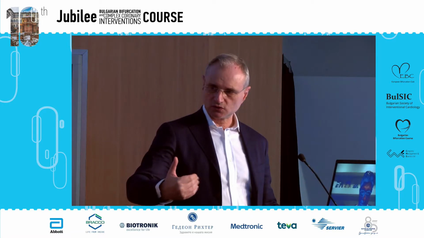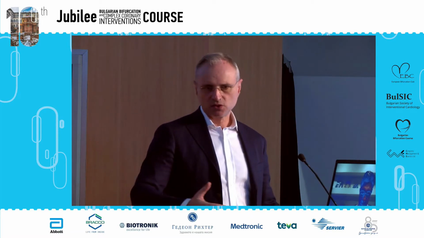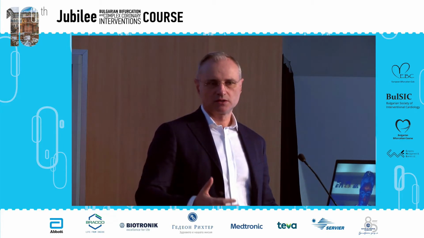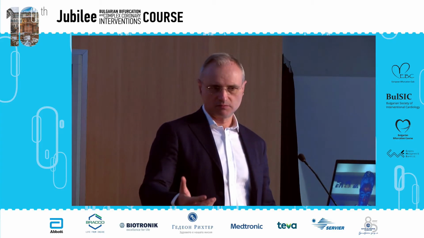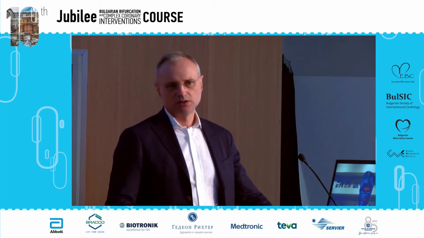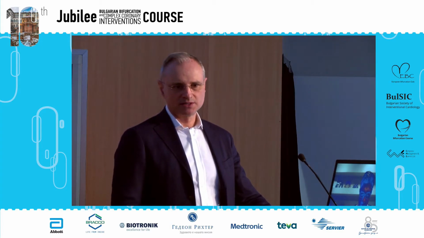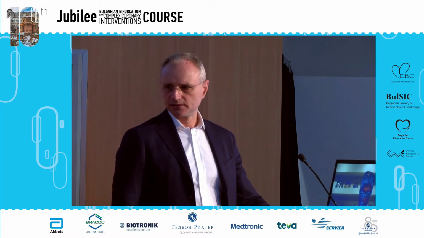If the technique was more elegant and the crossing was true to true, this would have been one third of it. So it is important to address the detailed anatomy in order to achieve and optimize the outcomes. And there is no rule to that, in my view at least. Yeah, thank you.